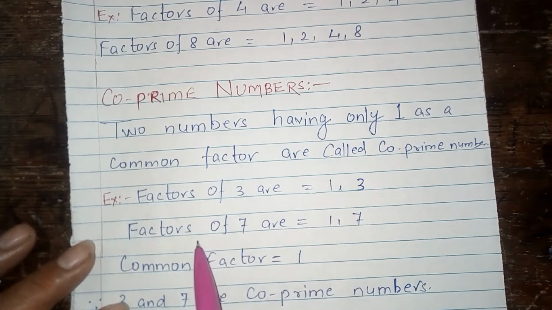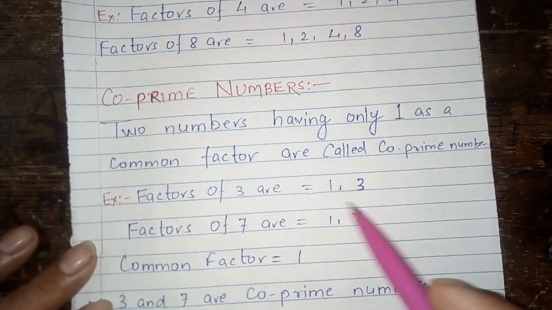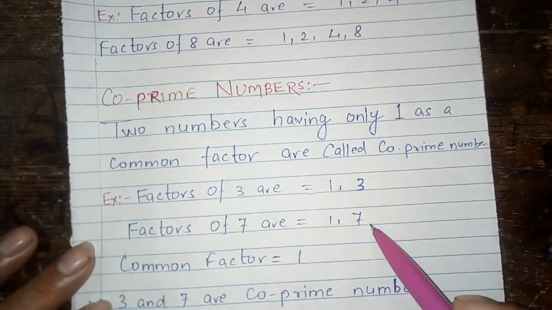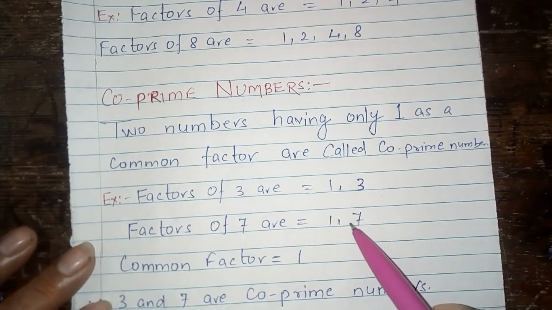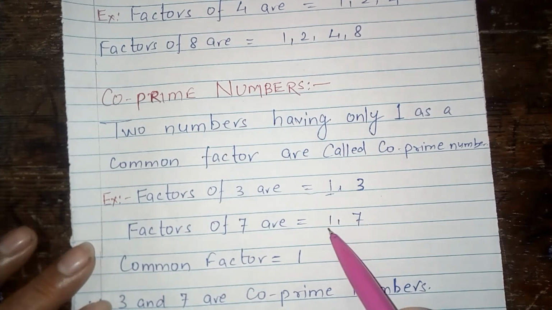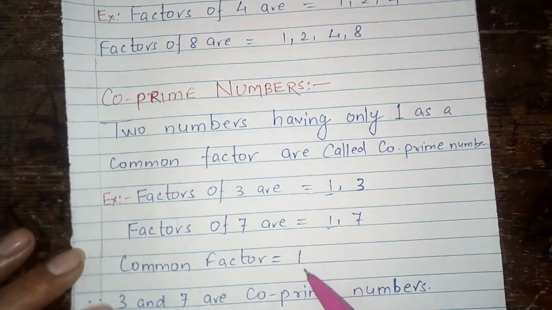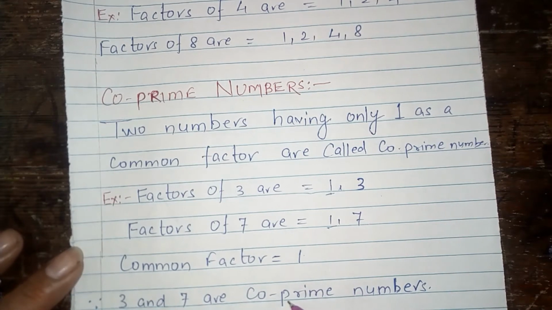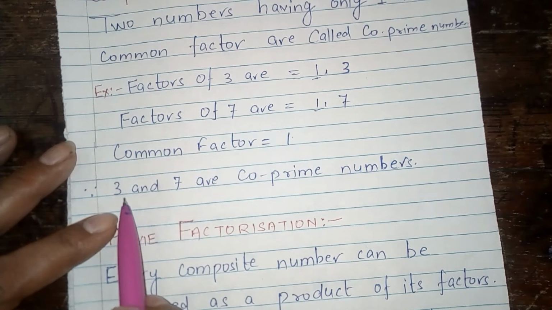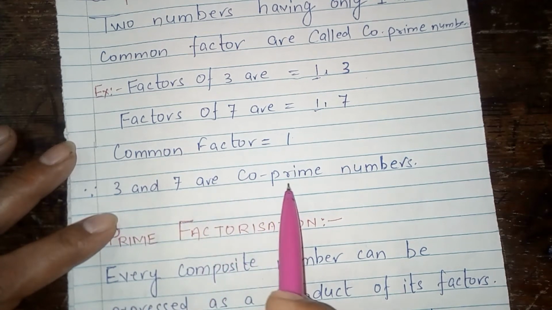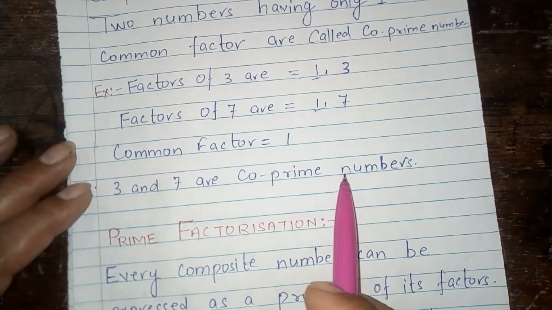Factors of 7 are 1 and 7. In these numbers, what is the common factor? 1 is here, 1 is here. So the common factor is 1. The meaning is 3 and 7 are co-prime numbers.